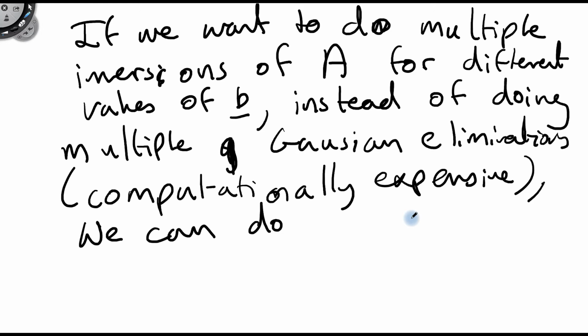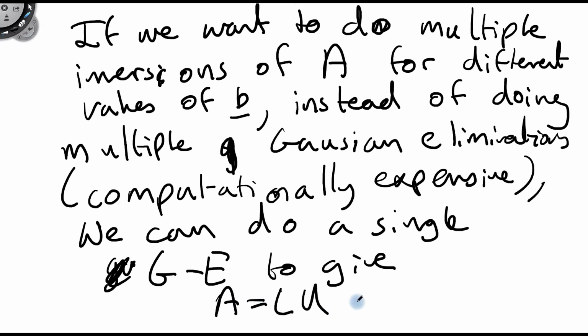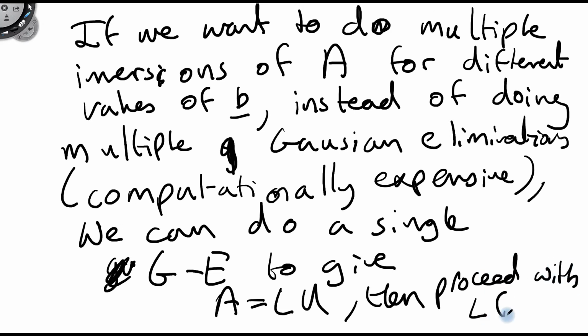Let's emphasize it even more: we can do a single Gaussian elimination to give A equals LU, then proceed with L and U instead of A. Okay, that's the principle.